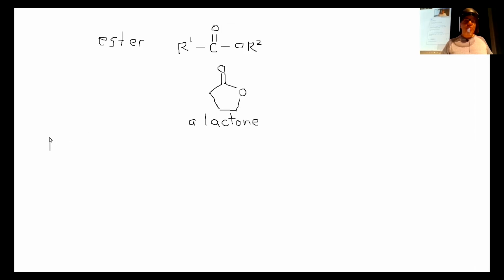So nucleophilic acyl substitution is the general broad class of reactions that includes this method of making esters.